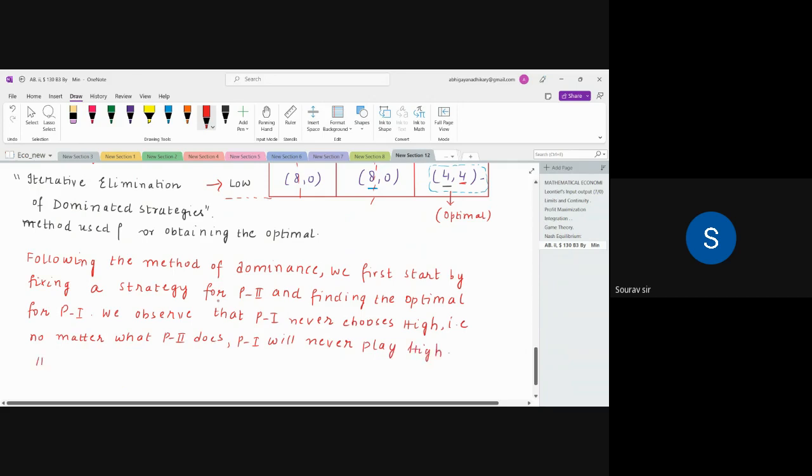Hence, high is a dominated strategy for player 1, as indicated by 1.